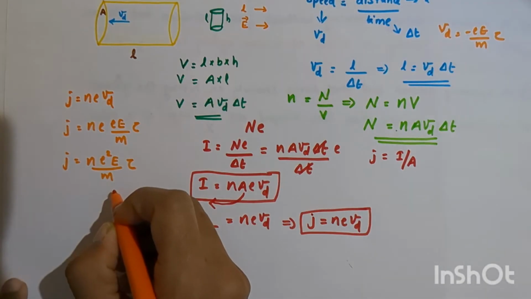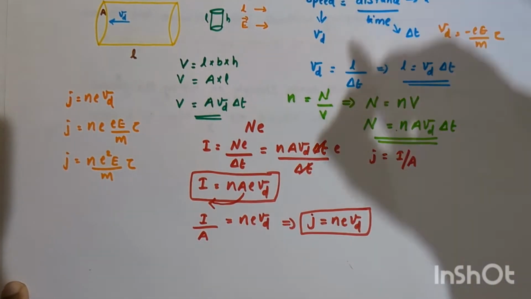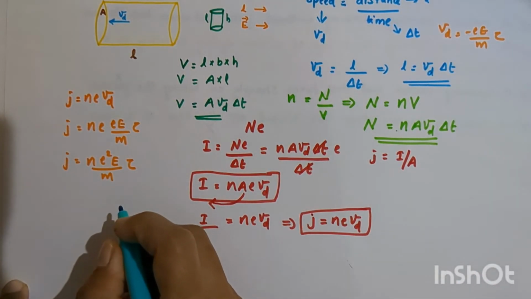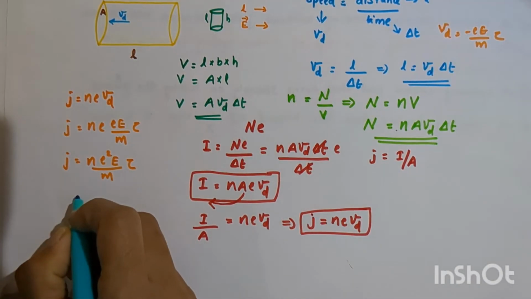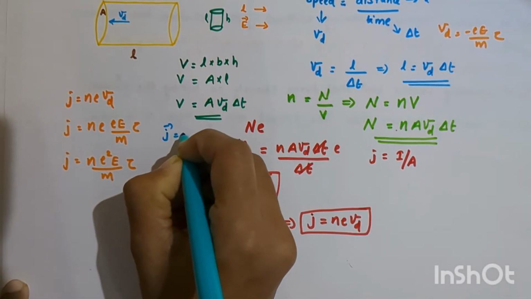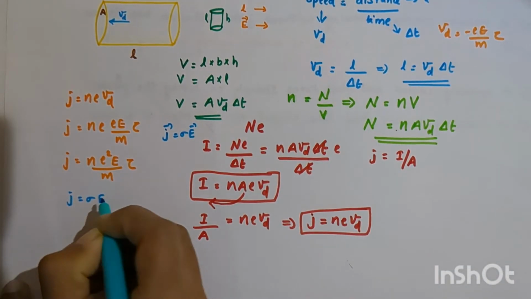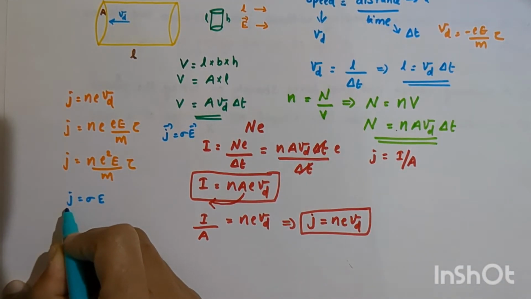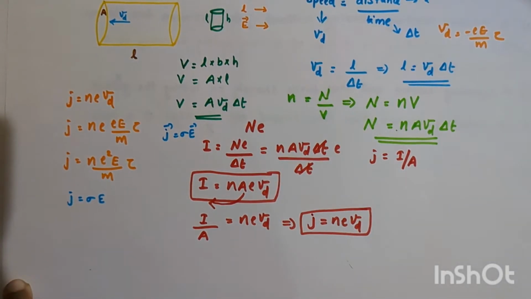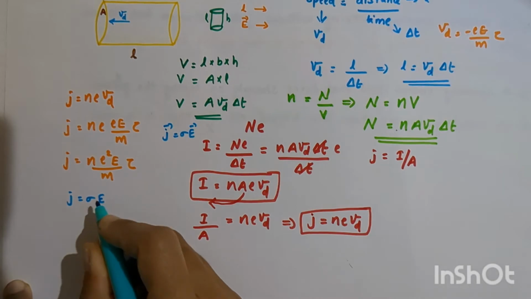Now, from the vector form of Ohm's law, we have vector J equals sigma into vector E. That is, J equals sigma into E, where J is the current density, sigma is the conductivity, E is the magnitude of the external electric field.